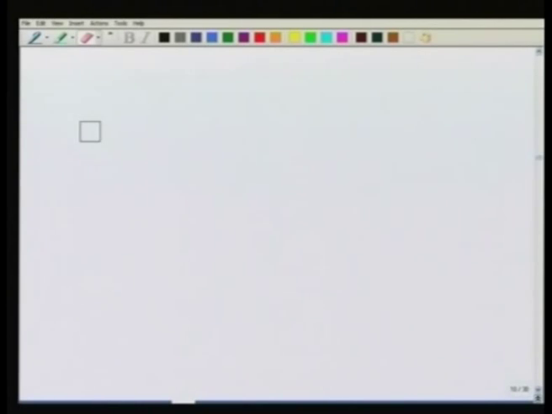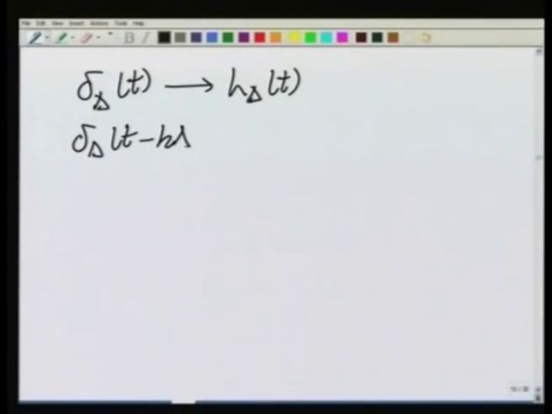So, let us see if we can obtain an expression for ŷ_Δ(t) using the properties of linearity, time invariance and the approximate impulse response. This indeed can be done, because we know that if you applied δ_Δ(t) to the system, you would get an output h_Δ(t). If you therefore applied δ_Δ(t - kΔ) to the system, you would get h_Δ(t - kΔ) as the output.